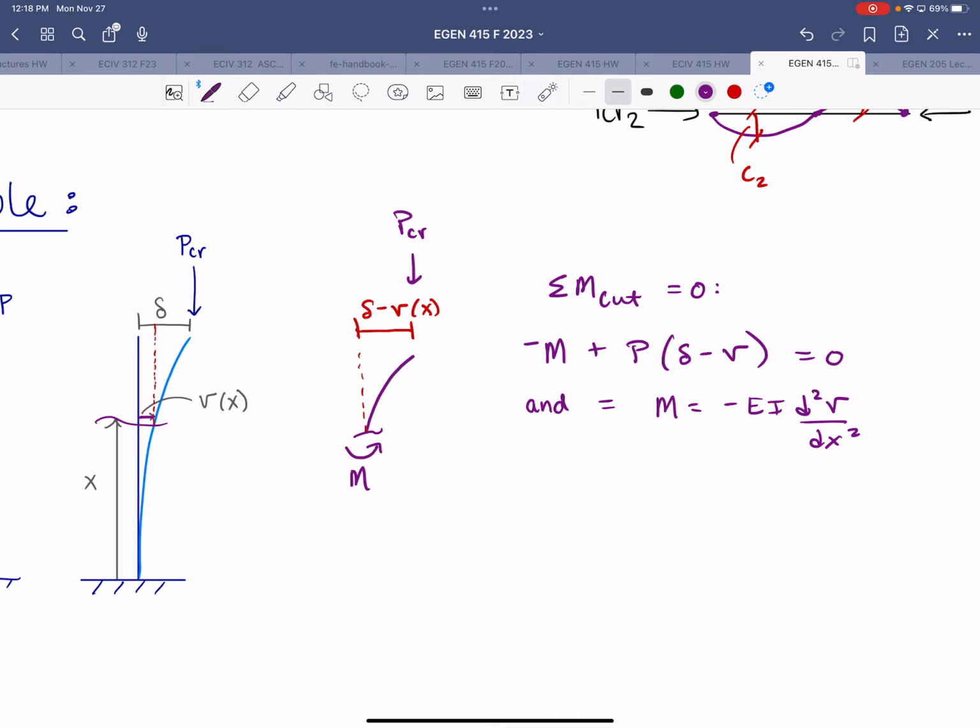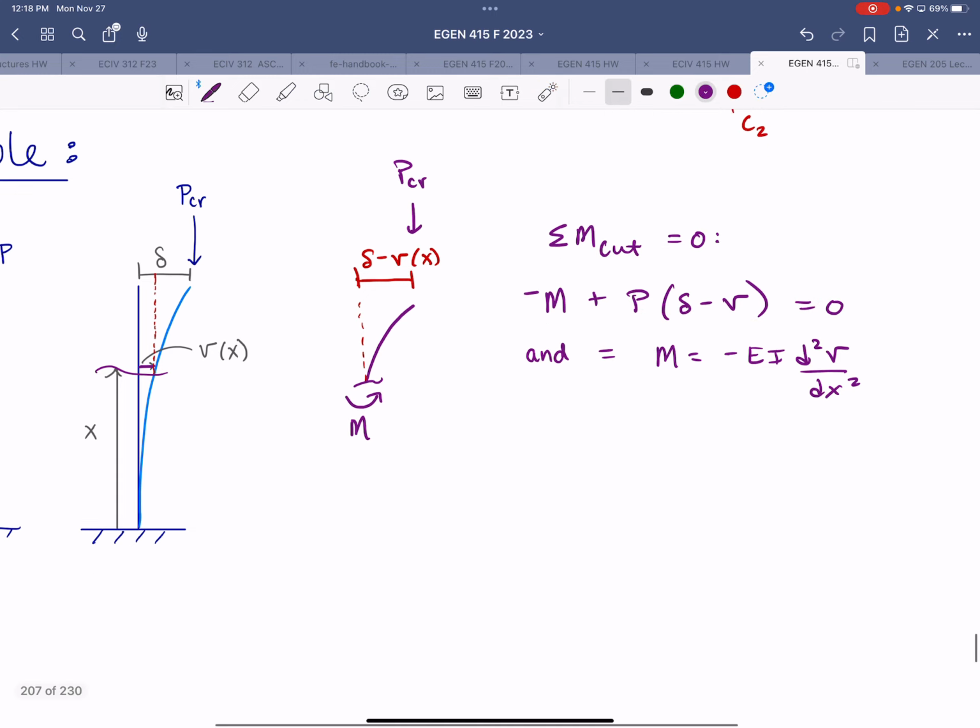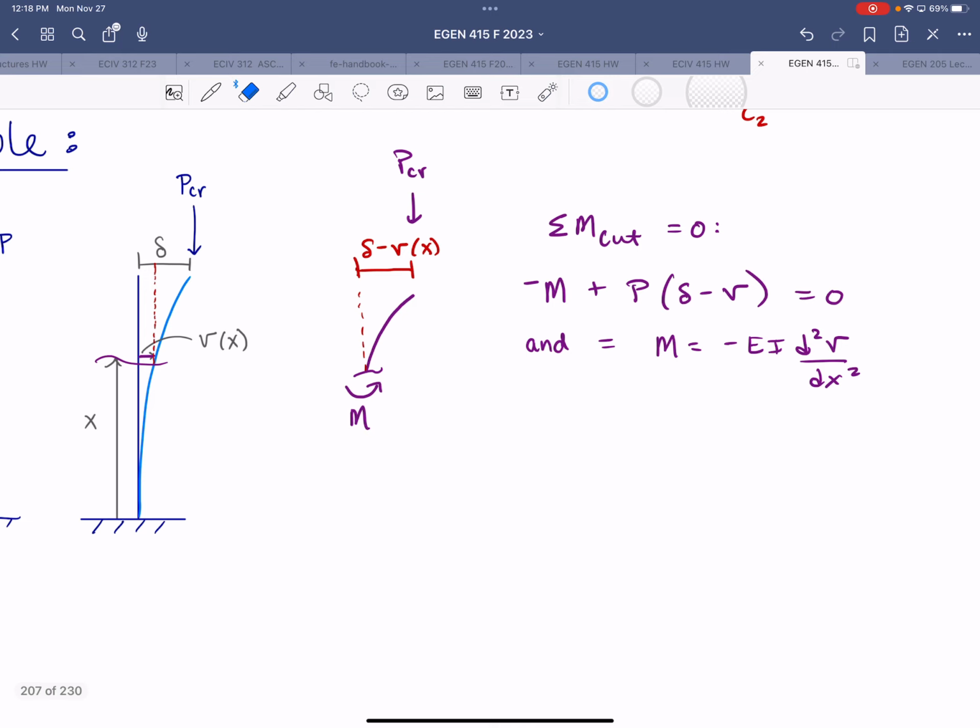So making that substitution and then also dividing this equation by EI, we obtain the second derivative of deflection with respect to x plus, I'm also going to bring in that lowercase m squared equal to P over EI that we defined previously.